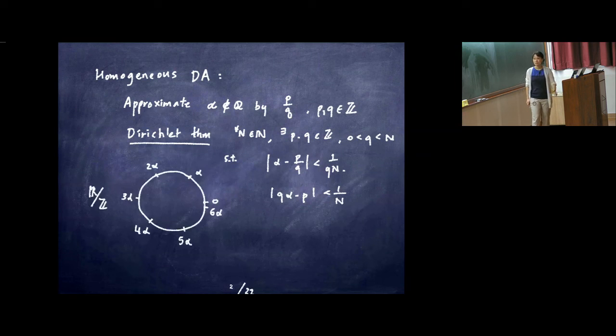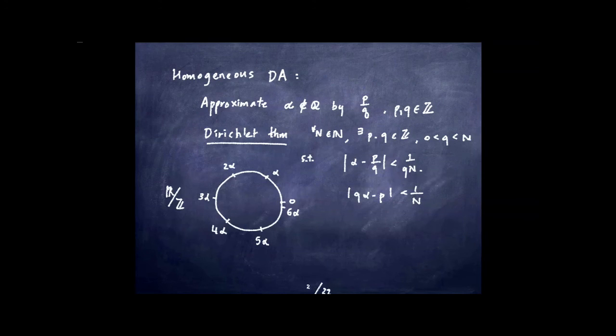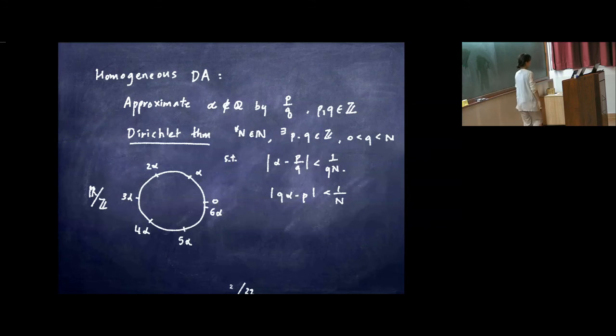But this is just the box principle, or pigeonhole principle, because we have R mod Z, this circle, and on this circle we have 0, alpha, 2 alpha, up to n alpha. So two of them will be at distance at most 1 over n, which is bounded above by 1 over q.